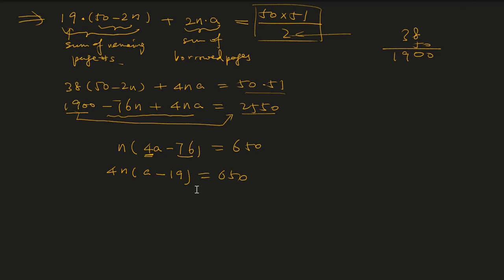And now let's factorize this 650 as 2 times 5 squared times 13, right? And we can cancel out a factor of 2 on both sides of this equation. So we have 2 times n times a minus 19 equals 5 squared times 13.